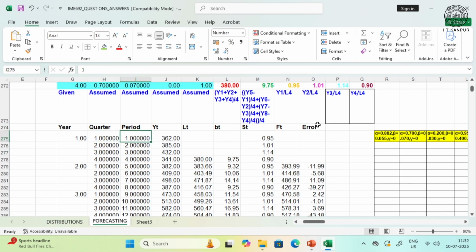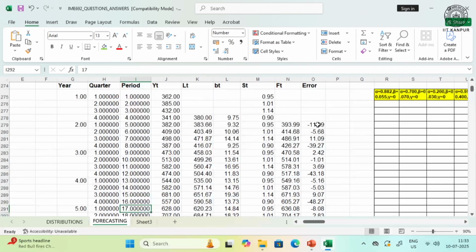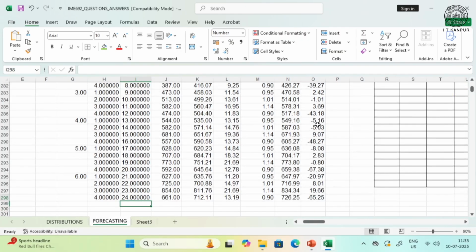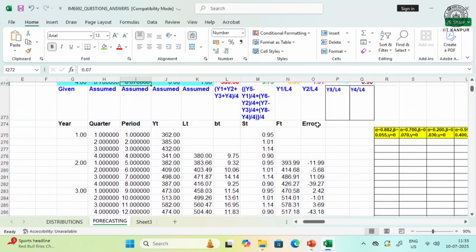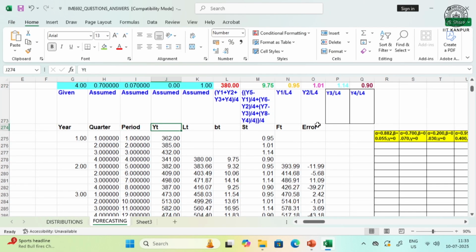Period is given, that means you have marked them for simplicity, because you are going in sequential manner from time period 1 till time period 24. So, they have been marked 1 to 24, and the data set is given under the YT column, which is column J here.